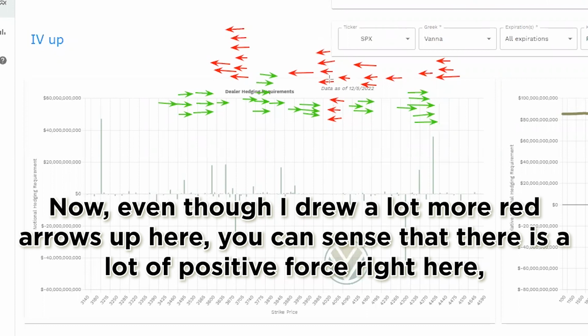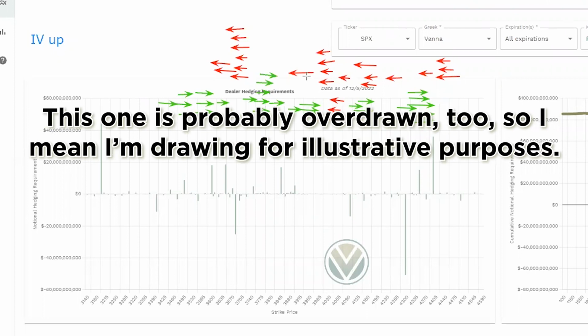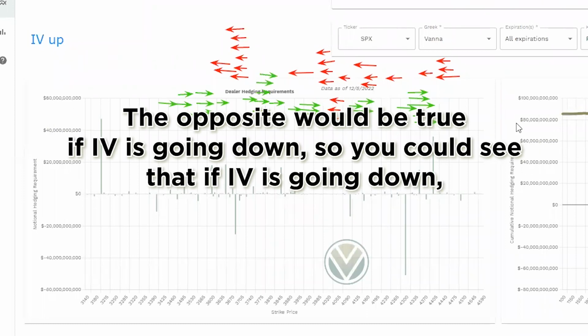Now, even though I drew a lot more red arrows up here, you can sense that there is a lot of positive force right here and negative force right here. So I believe that this 4,000 strike down to maybe 3,950 will probably act as a pin. This one is probably overdrawn too. I'm drawing for illustrative purposes. The opposite would be true if IV is going down.